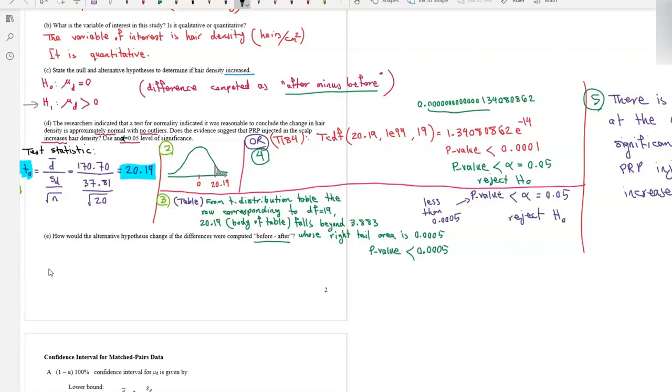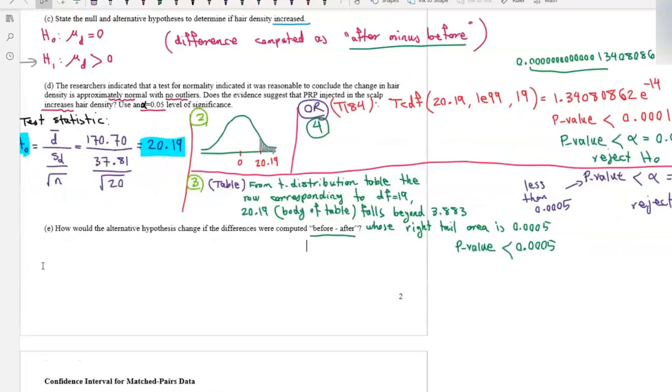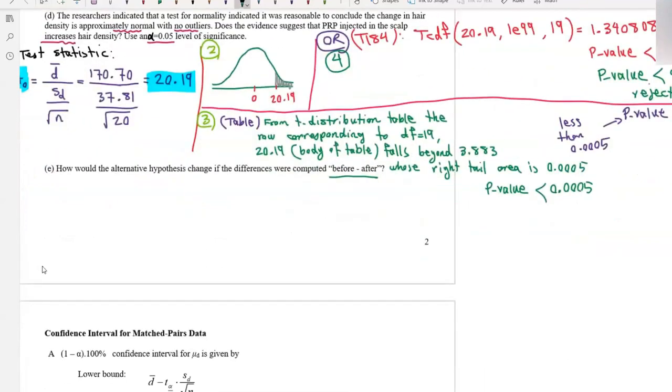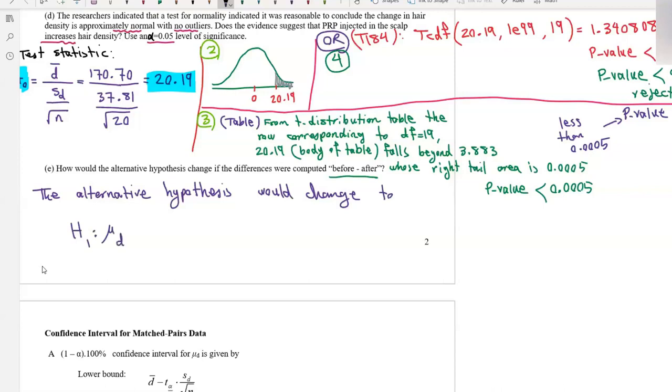So instead of having the alternative greater than 0, we're going to have less than. So the alternative hypothesis would change to this one, less than.